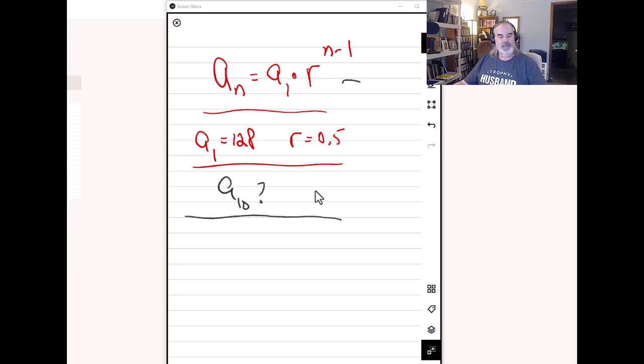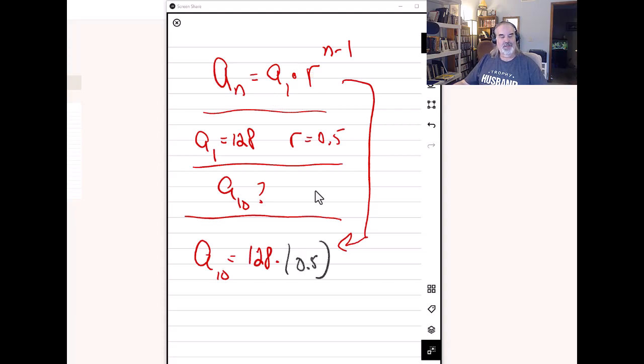Well, according to this formula, A10 is going to be A1, which was the original 128, times our ratio, which is 0.5. And then remember this business, if we want the 10th term, we're going to raise the ratio to the 9th. So there we go, 128 times 0.5 to the 9th.